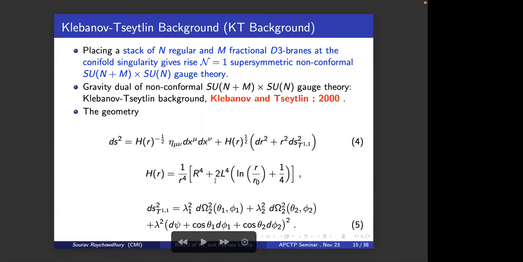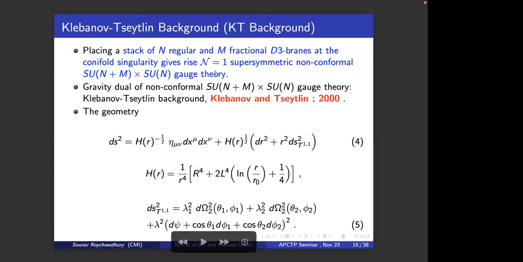Since T11 admits more cycles, apart from regular branes one can consider wrapped branes, which are the fractional branes. Branes can also wrap the cycles. This work was carried out by Klebanov and Tseytlin in 2000.